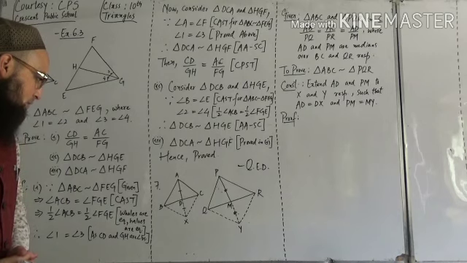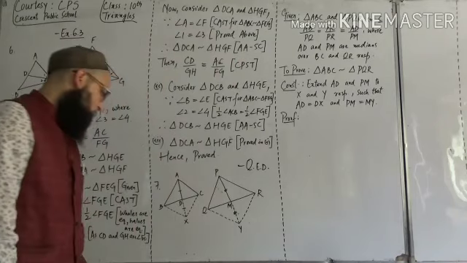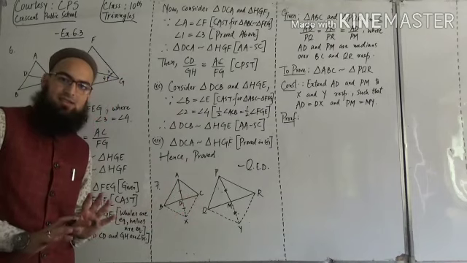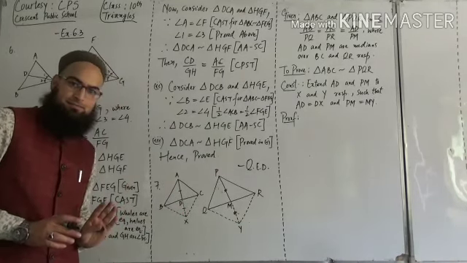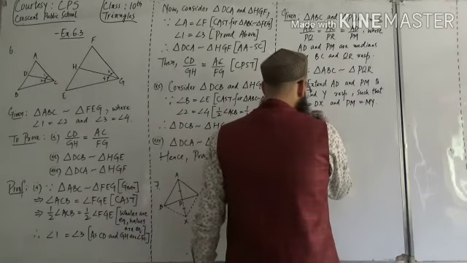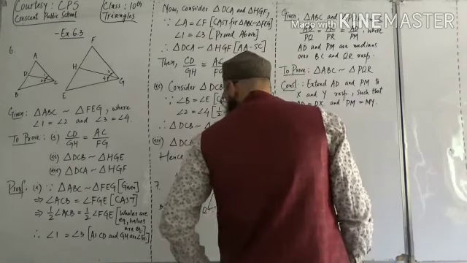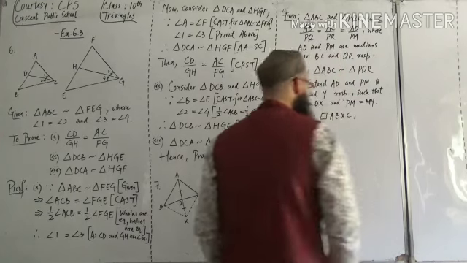See, ABXC is no doubt a quadrilateral because we have 4 sides, isn't it? So let us use this quadrilateral ABXC.